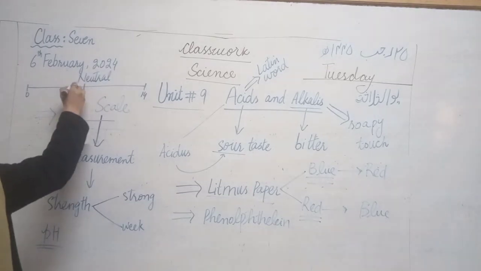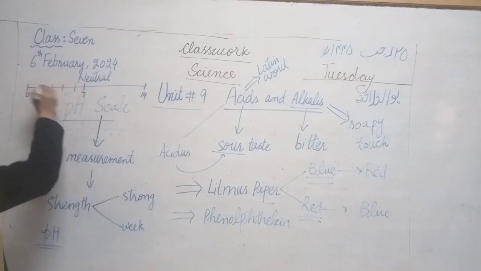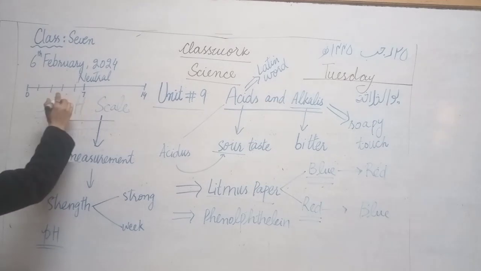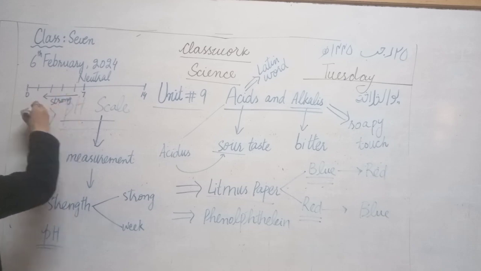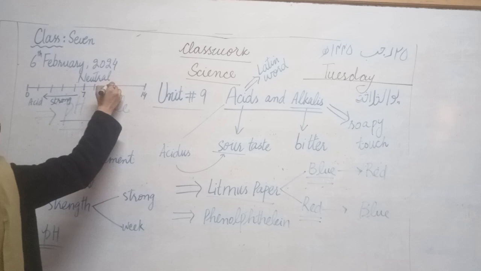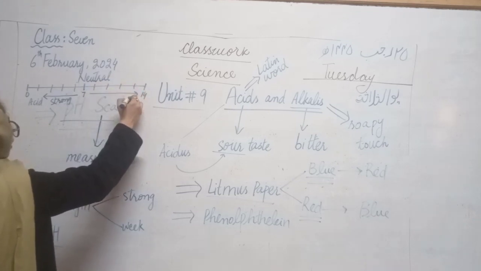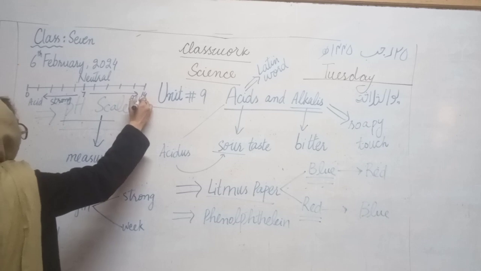If the value of a solution is below 7, then we say that it is acidic. And if the value is greater than 7, then we say the solution is alkali.